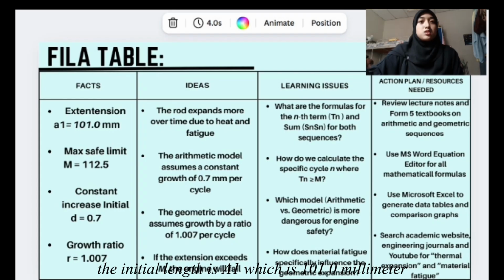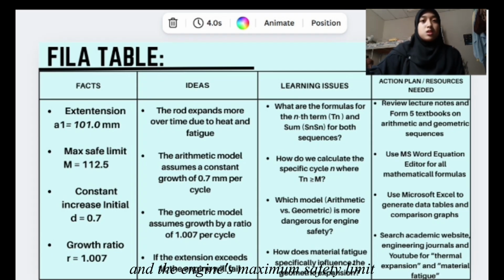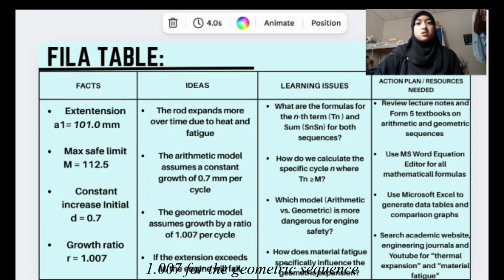The initial length is A1, which is 101.0 mm, and the engine's maximum safety limit, which is M, is 112.5 mm. For our models, we are using a constant increase D of 0.7 for the arithmetic sequence and a growth ratio R of 1.007 for the geometric sequence.